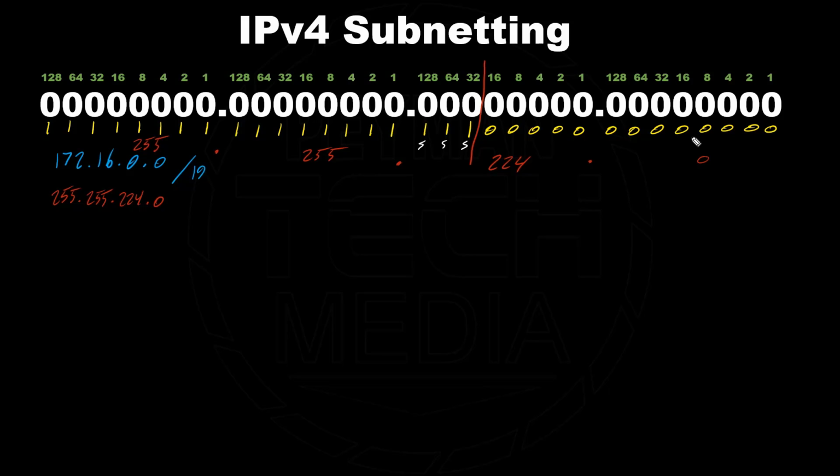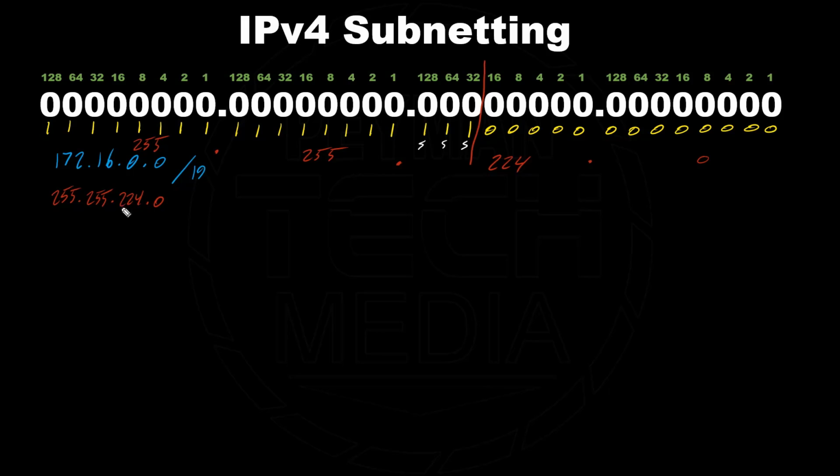Or if they gave us the subnet mask, we just need to convert the subnet mask into binary. The first octet, 255, when we convert it to binary, all 8 bits are turned on. Second octet, 255, all 8 bits turned on.